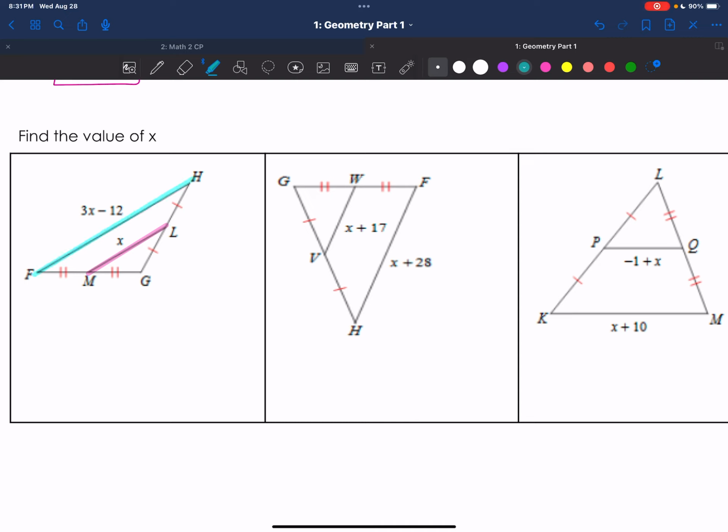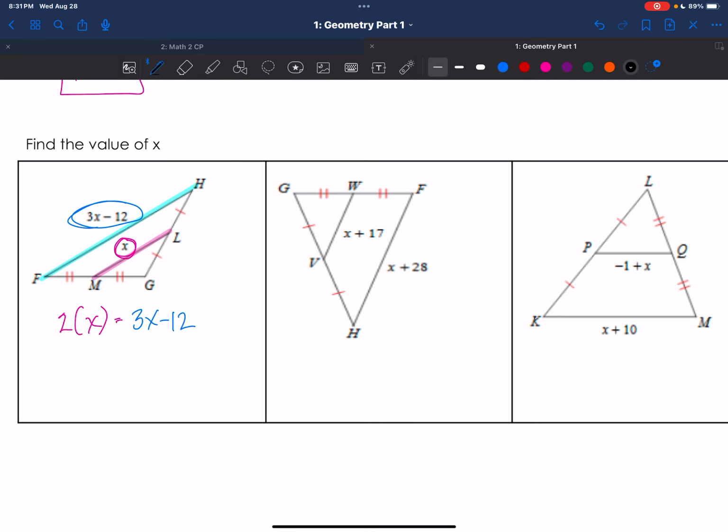So let's solve that. You need two of x, because that's what this is right here, and that's going to equal 3x minus 12. And then go ahead and solve.